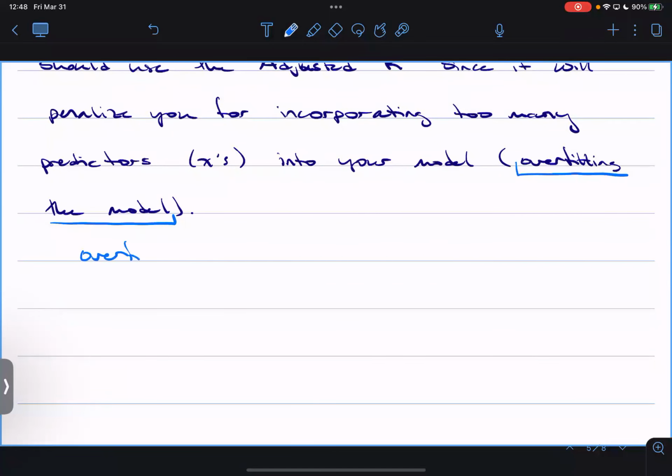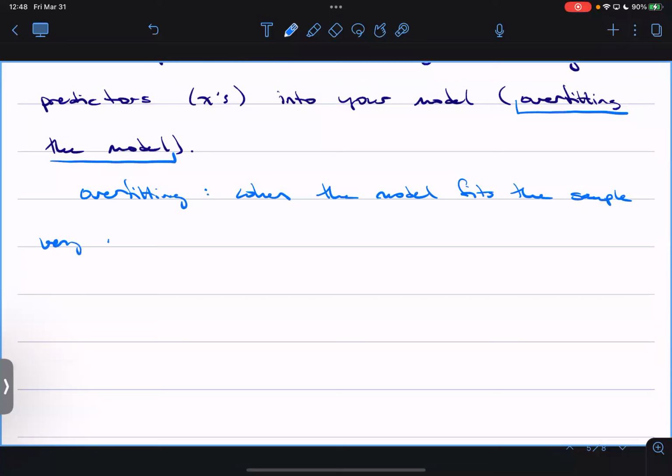So overfitting is when the model fits your sample data perfectly or very well, but doesn't apply to new data, right?